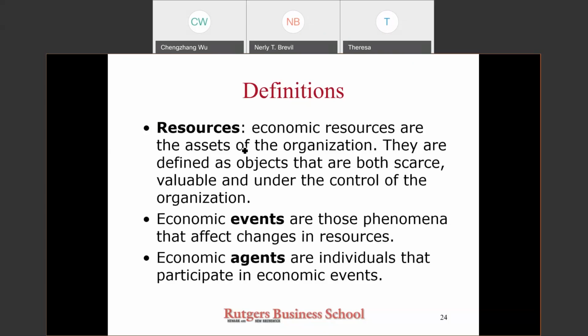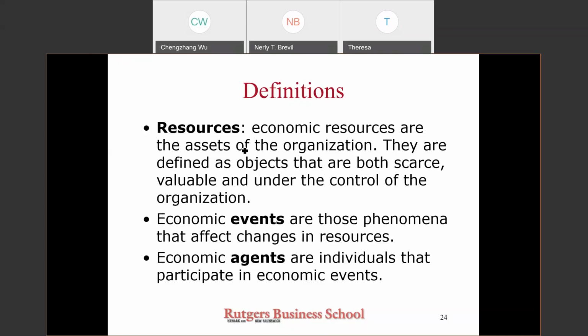So again, let's look at the definition of the REA model. The REA model focuses on resources, events, and agents. Resources are economic resources that are assets of an organization.